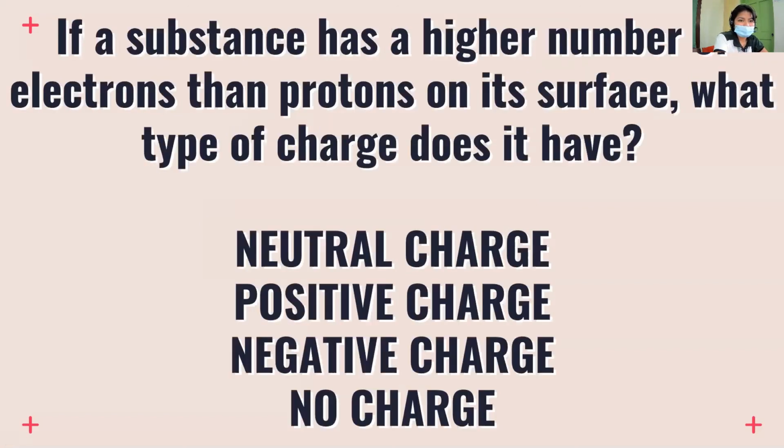Okay, number 6. If a substance has a higher number of electrons than protons on its surface, what type of charge does it have?